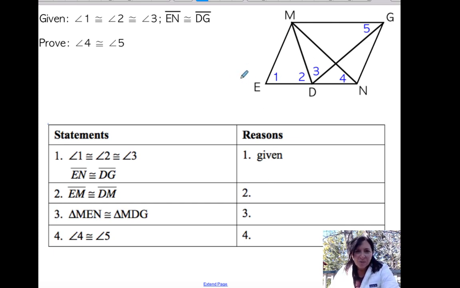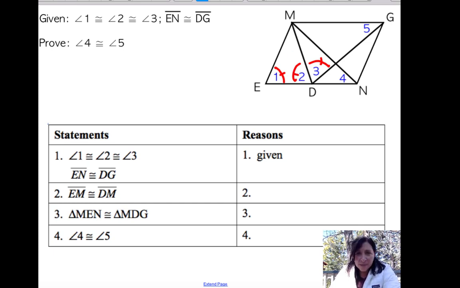So assuming you did that, we're going to put in angle 1 is congruent to angle 2. And we also know that that's congruent to angle 3 here. A couple of things right off the bat that I'm thinking: if I have two angles congruent in a triangle, that makes it an isosceles triangle.